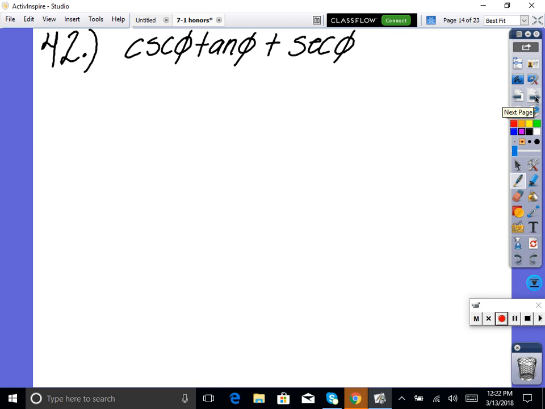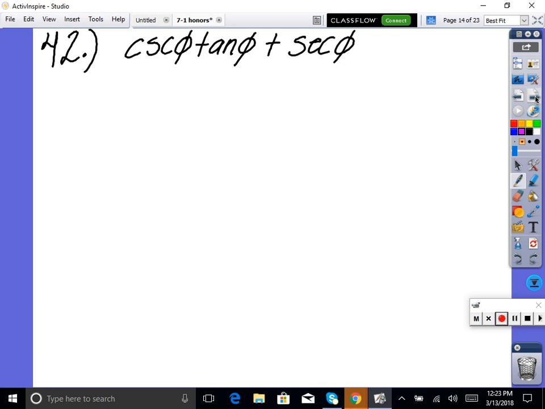Okay, here we go. So let's start to get into some more advanced ones. So this is cosecant phi tangent phi plus secant of phi. So we can go through and look at each piece and see where we're going with this. Here's the thing. We always want to have just one fraction or one piece instead of 2 pieces. So I'm looking at this.